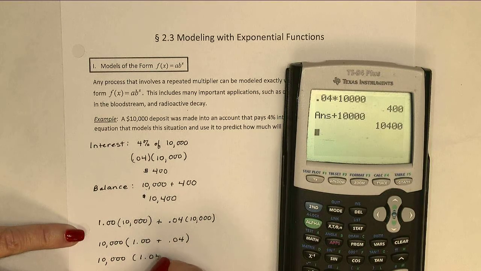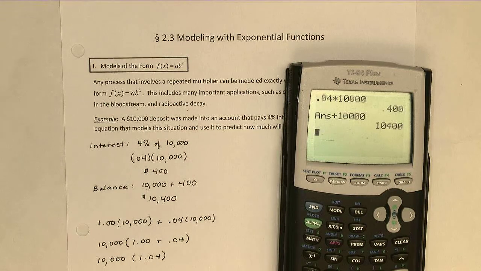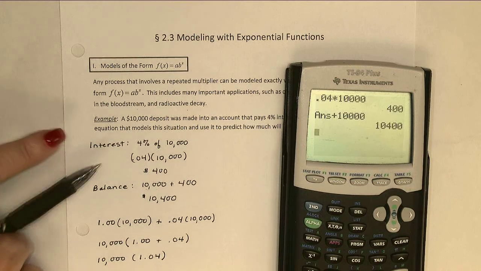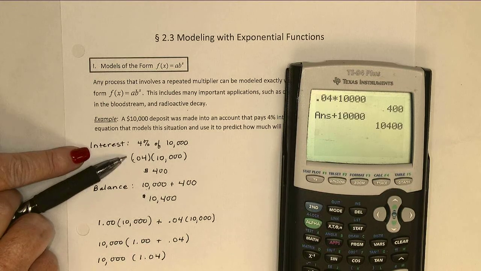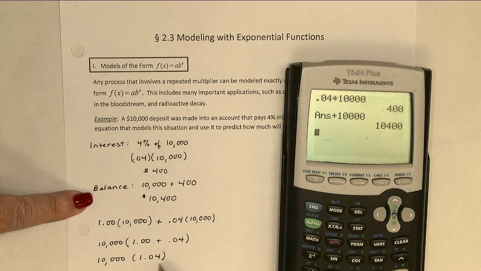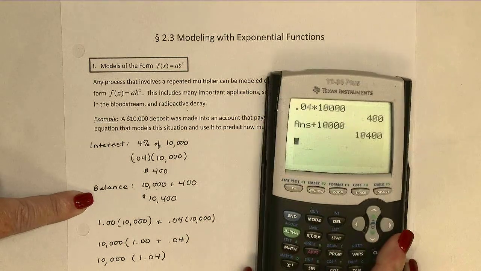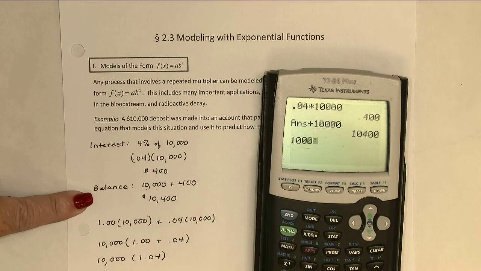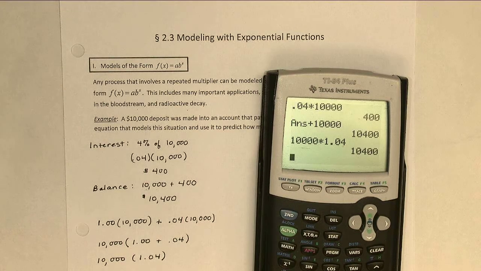What's nice about that is instead of first calculating interest and then adding the original amount, we can actually do it all in one step. If I now had my 10,000 and multiplied by 1.04, there's that 10,400 at the end of the first year. That's a step that I can replicate from year to year.